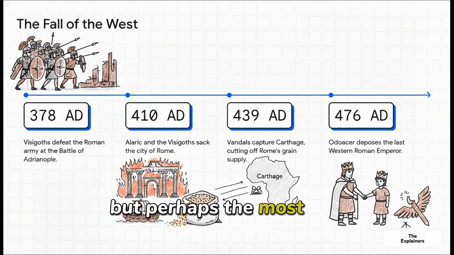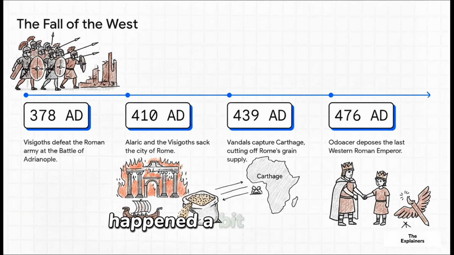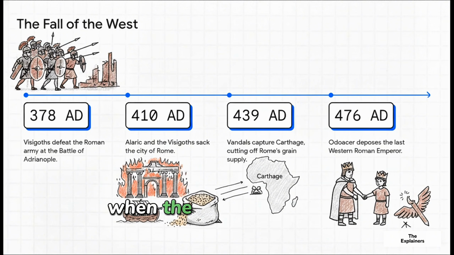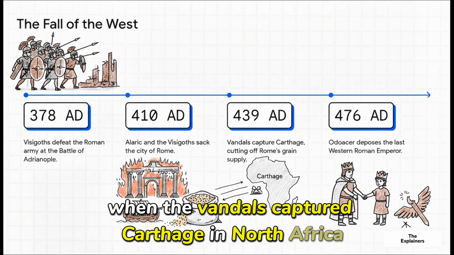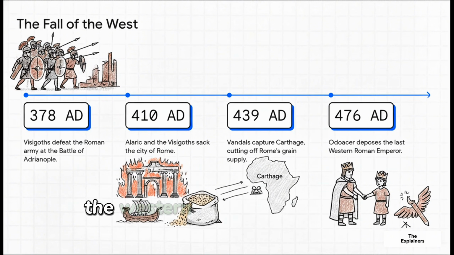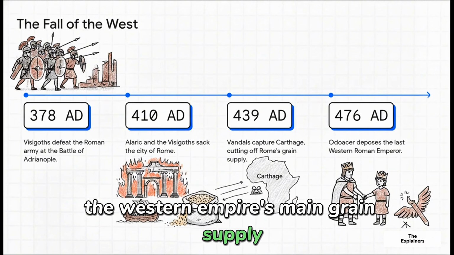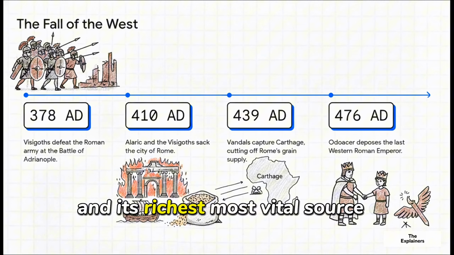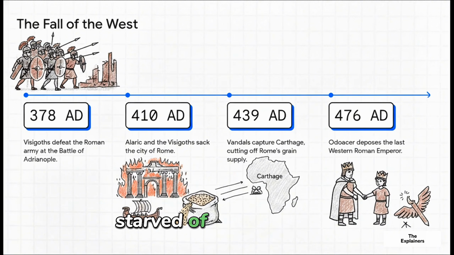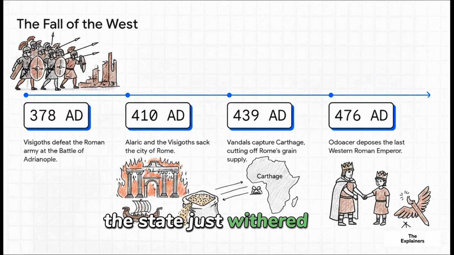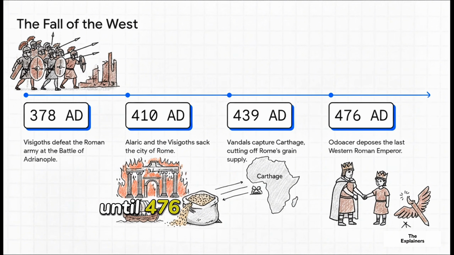But perhaps the most fatal structural blow happened a bit later, in 439, when the Vandals captured Carthage in North Africa. That completely cut off the Western Empire's main grain supply and its richest, most vital source of tax revenue.